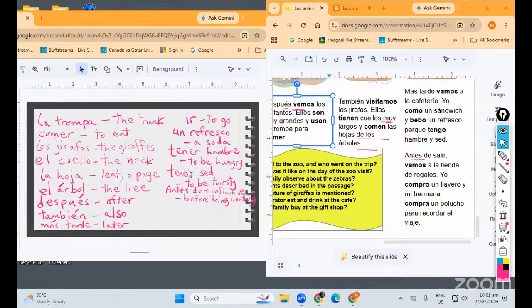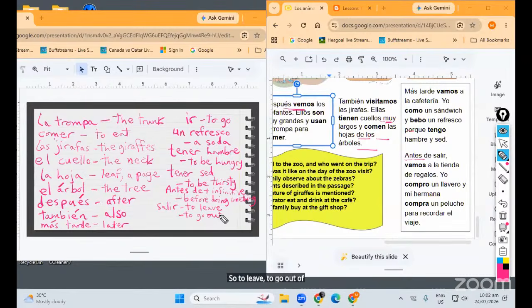Right. And salir is to leave, right? So to leave, to go out of, salir is a very useful verb. To go out like to date, right?